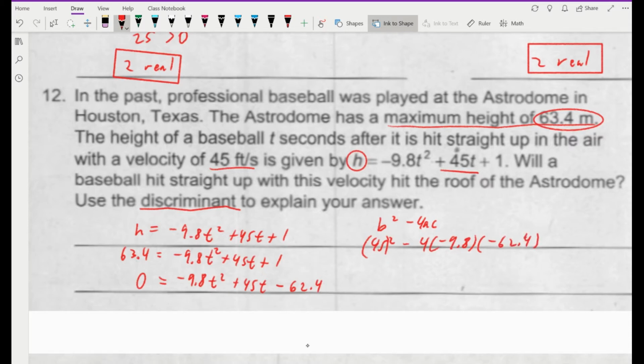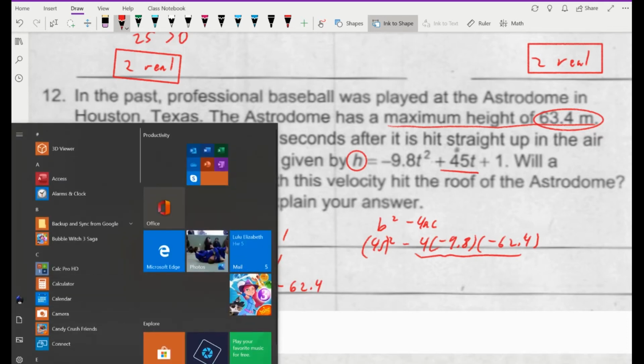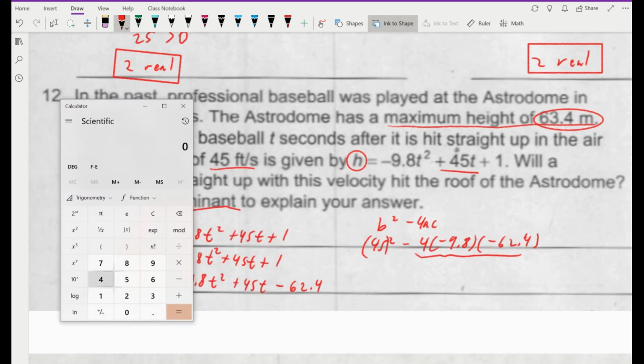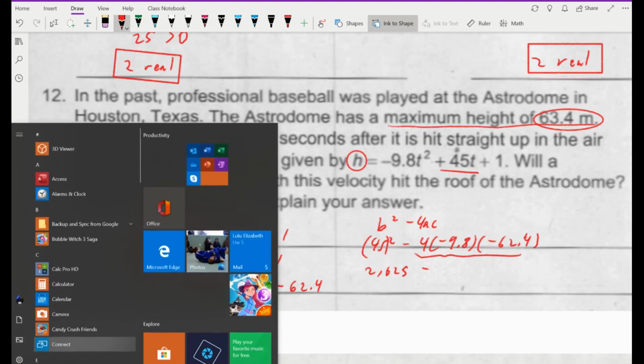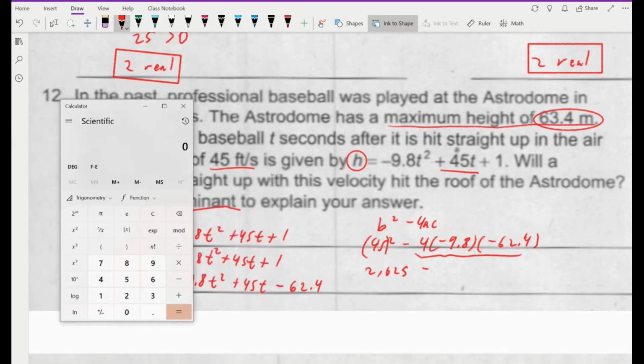I see 3 negative signs over here, which means the answer here is going to be negative. We need to first do 45 squared. So let me pull up our little calculator here. We will do 45 times 45. We'll get 2,025 minus, let's pull the calculator back up again, 4 times 9.8 times 62.4.